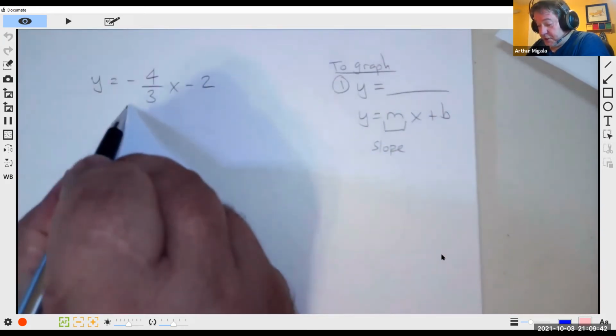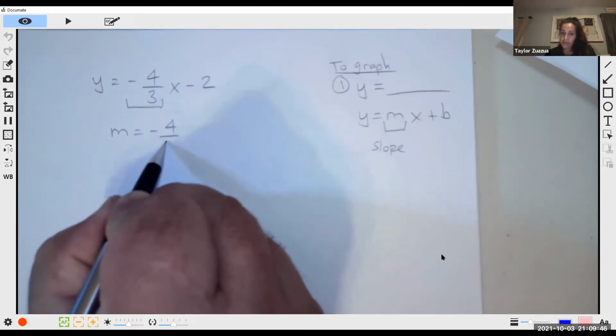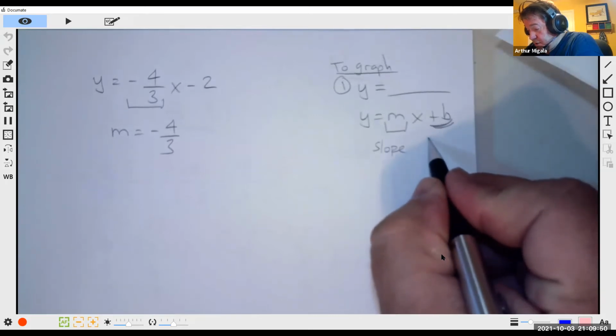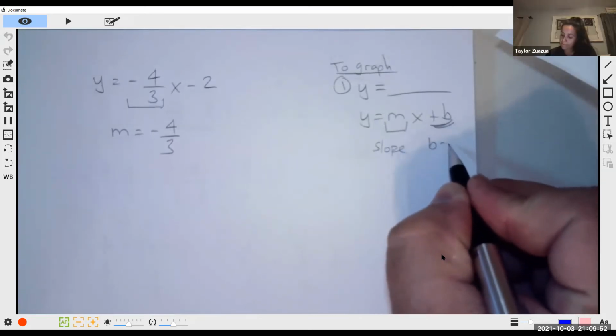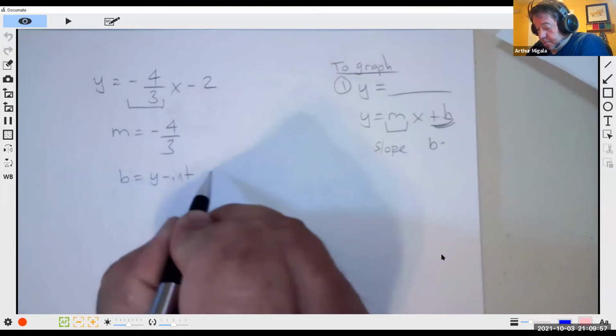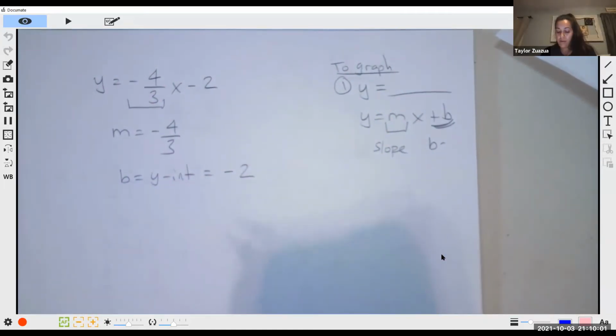So in our case, the slope is negative 4/3. And whatever the constant is, that's your y-intercept. B is the y-intercept, which is at -2.